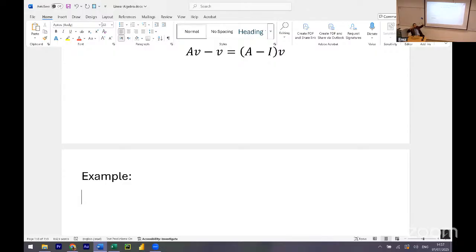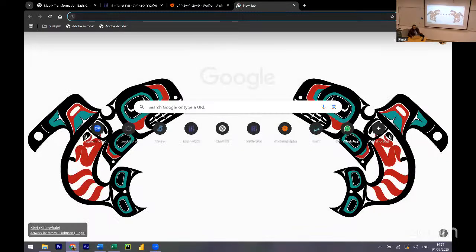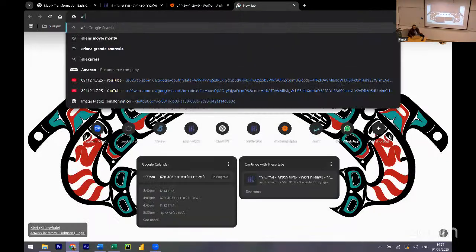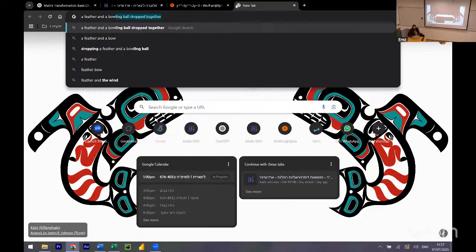But if you took all the air out of the room, a vacuum chamber, and you drop a bowling ball and a feather, which will drop first? Both at the same time. Yeah, do you know it? Have you seen the experiment? Gravity affects all objects at the same rate. There is a beautiful video about it, from the BBC. A feather and a bowling ball.